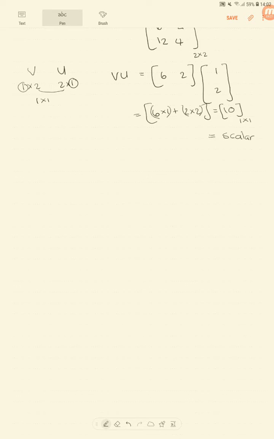Another important aspect of vectors is their geometric representation or interpretation. So if we have vector x, which is equal to x1, x2, it indicates a movement on the Cartesian plane.